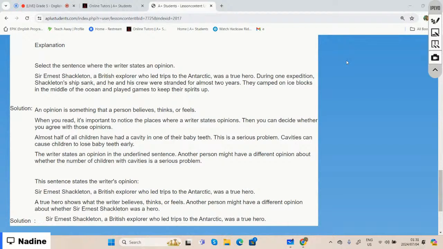But that is why, if you have a different opinion where you feel like, I don't think this man was a hero, then you need to state or give a reason as to why you think this guy is not a hero. Because an opinion is something that you believe in, that you think, and that you feel. It is what you personally and individually think, believe, or feel.